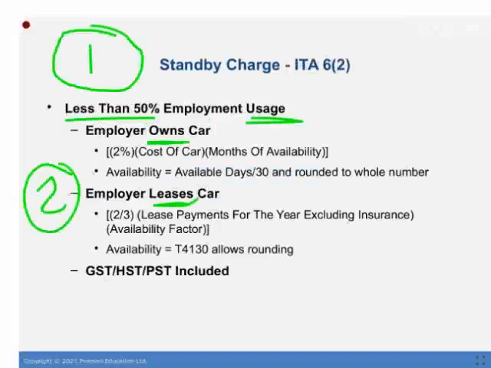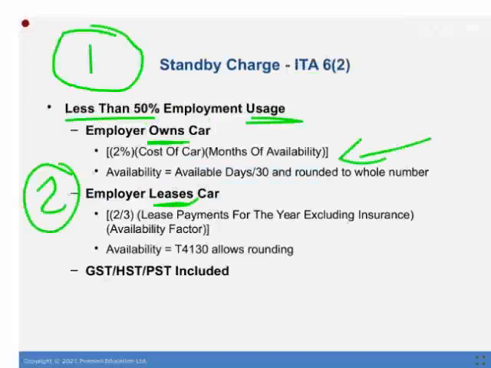Depending on if it's owned or a lease, you have a bit of a different calculation to make. So if we look at a scenario where the employee uses the vehicle less than 50% for employment, and the employer owns the vehicle, then we're going to go ahead and use this formula.